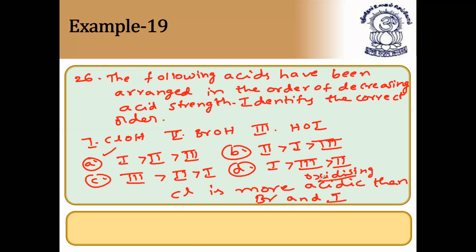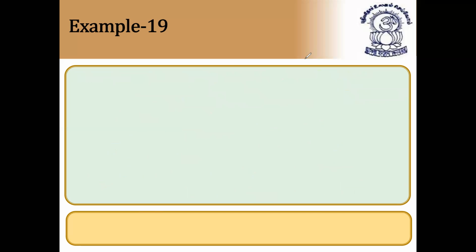Which is more oxidizing is more acidic. Since fluorine is not here, the answer is ClOH greater than BrOH greater than HOI. I hope it is clear. Next question number 27.